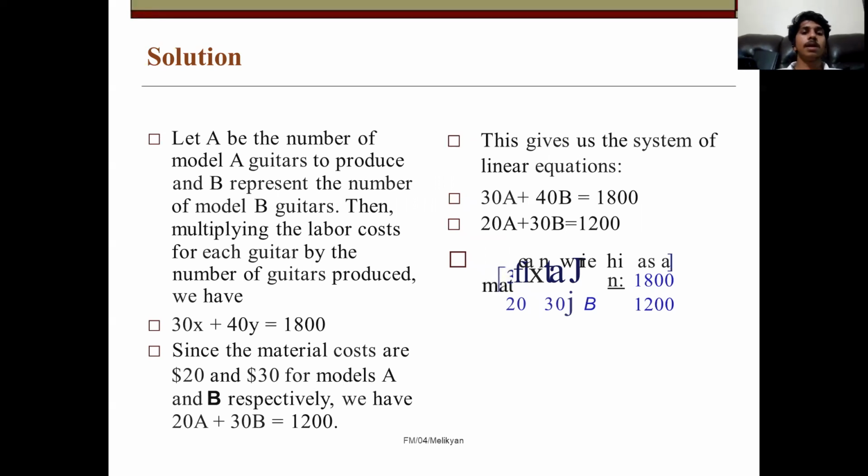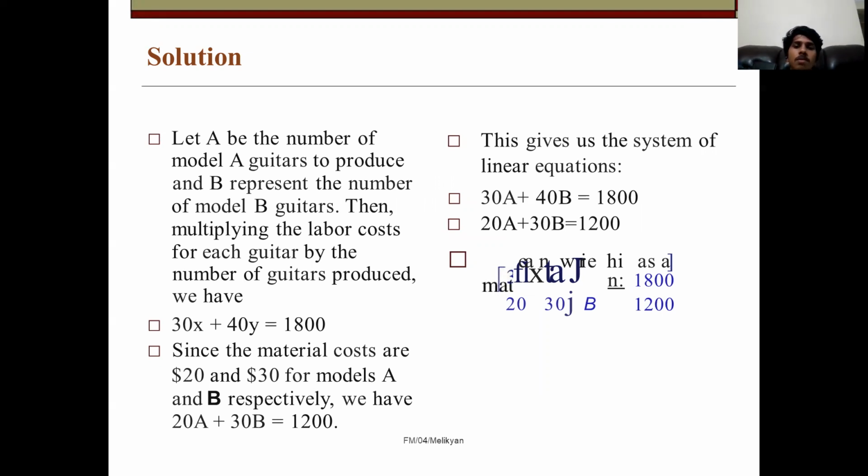Solution. Let a be the number of model A guitars to produce and b represent the number of model B guitars. Then multiplying the labor cost for each guitar by the number of guitars produced, we have 30a + 40b = 1800. Since the material costs are 20 and 30 for models A and B respectively, we have 20a + 30b = 1200.